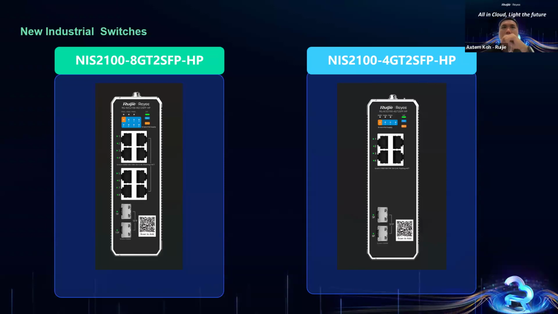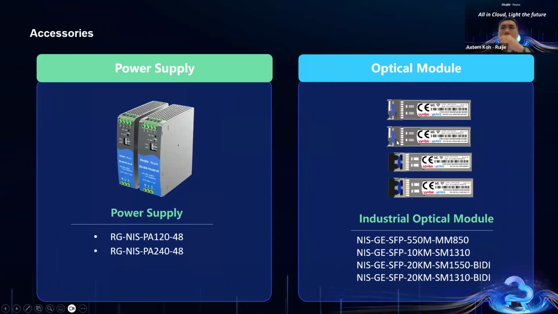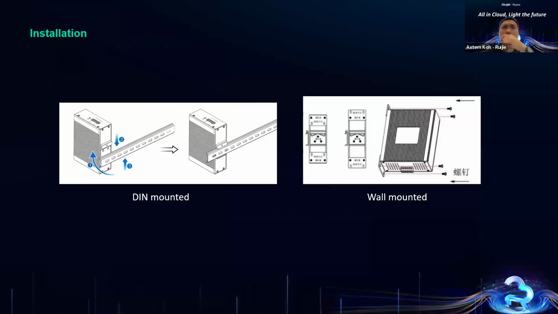For the power supply and the optical module, we can reuse the current models, which are suitable for NIS 3000 series and also for NIS 2000 series. They also support DIN rail mount and wall mount.